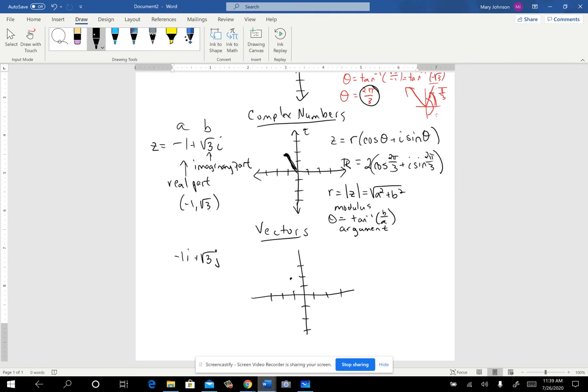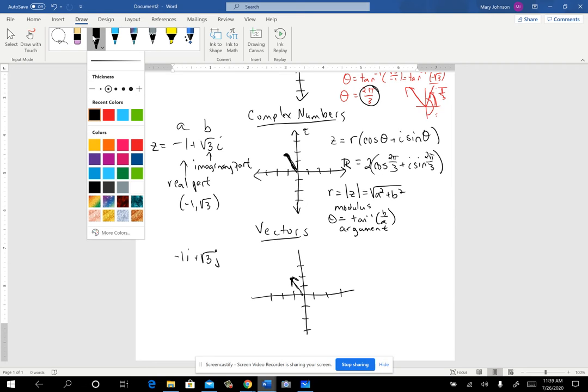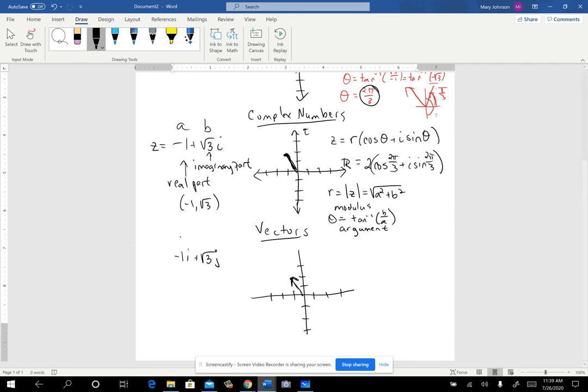It's this line segment from the origin to that point. That's the vector. And then we use the a and the b on that, ai plus bj. A complex number is a plus bi as the general form, and for a vector, it's ai plus bj. And we use the letter v. If we could bold it, we could just write v, but since we can't, we put the little vector symbol on top.